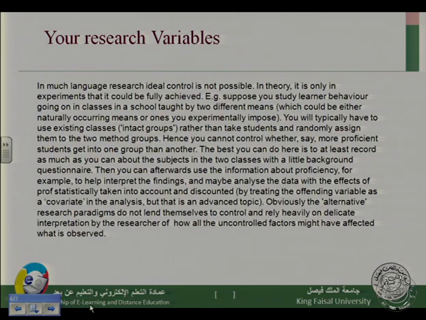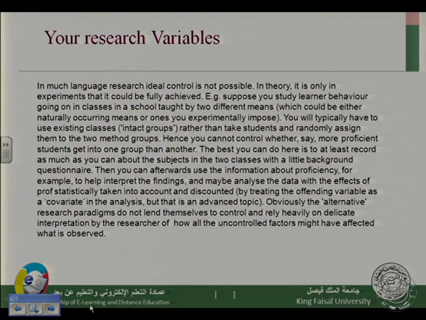Why? Because in the group which does not have computers, you controlled computers. They don't have access to computers, so you controlled the computer variable on that group. With the other group, they have computers, so you see in this example the control of the variable is complete.